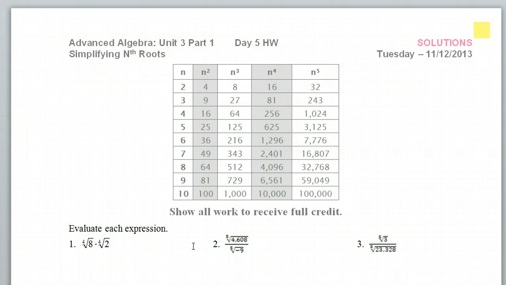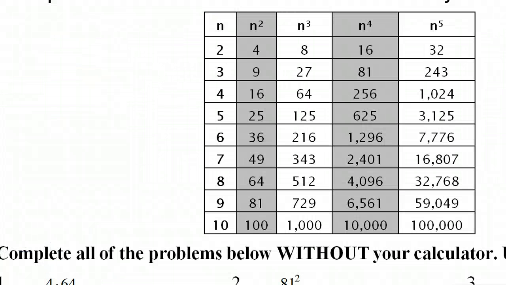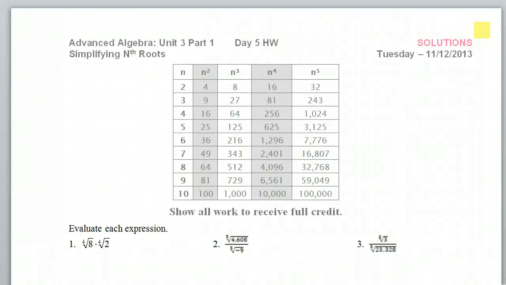We will not be using our beloved TI-30XS MultiView. You can use a 4-function calculator, but that's it. Mostly we will be using the table, which will be provided for you on tests and quizzes. Anyways, let's look at number 1.